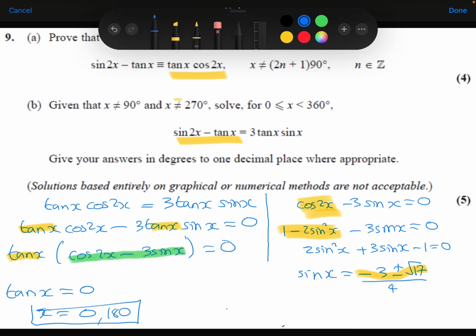If I tried, and you can check this on your calculator, if I tried to do sin inverse of minus 3 minus root 17 over 4, that's going to give me an answer that's less than minus 1, so I can't do sin inverse of that. There's no real solutions. So actually, I don't need to give that answer, it's only the other one.